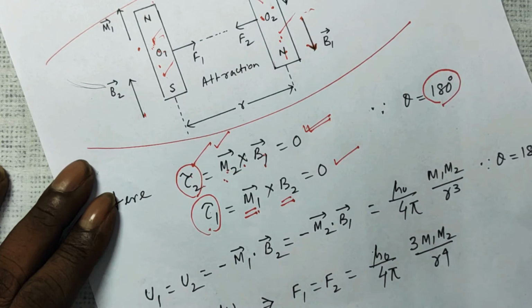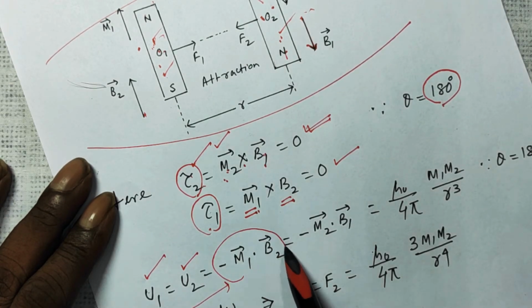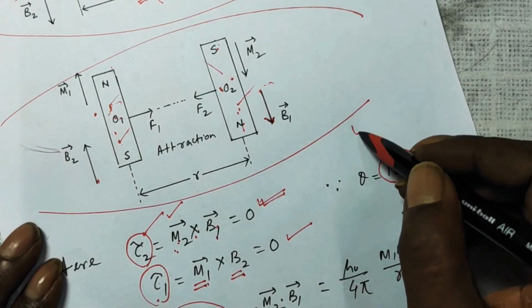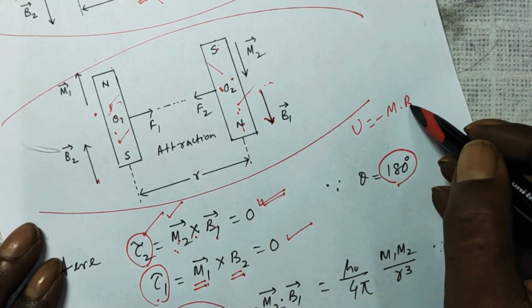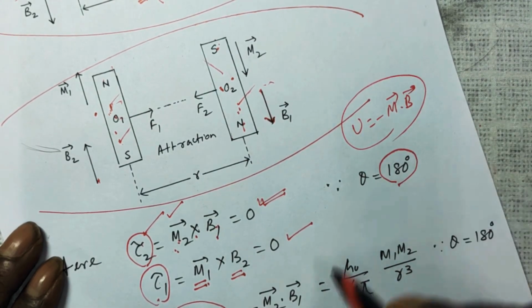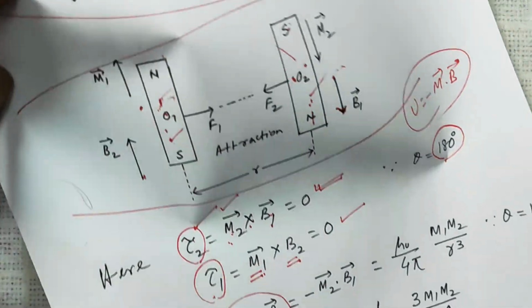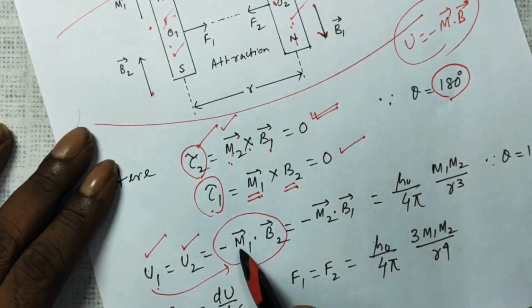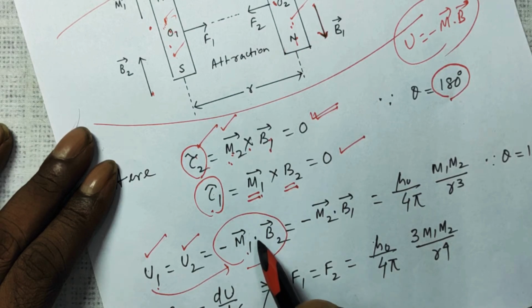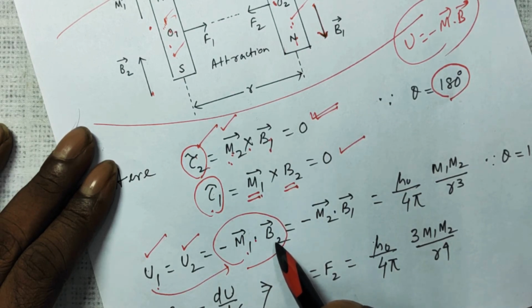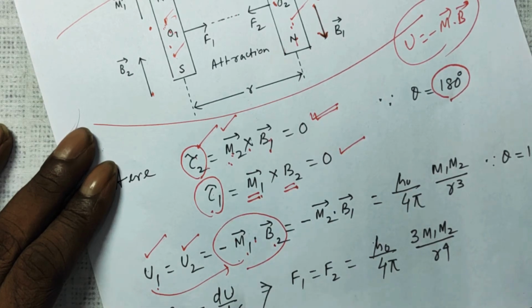Now, energy. U1 is the energy of the first one, U2 is the energy of the second one. The energy of the first one, using the energy expression, U was equal to minus M dot B. Now, the magnetic moment of the first one, dot product, the magnetic field of the second one at the position of the first one.